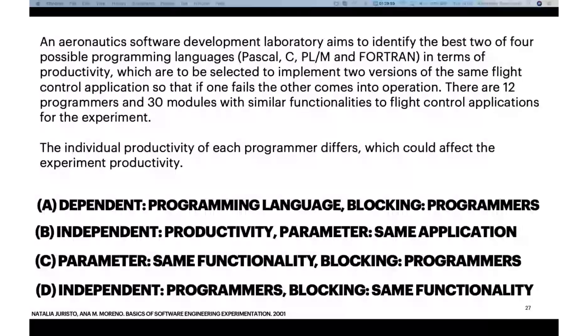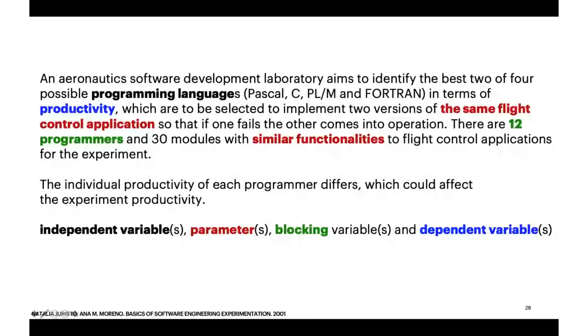So let me show you a slide where the 4 types of variables are highlighted. In black, we see the independent variable, so it's the programming language. What is it supposed to influence? Productivity. Blue, dependent variable.